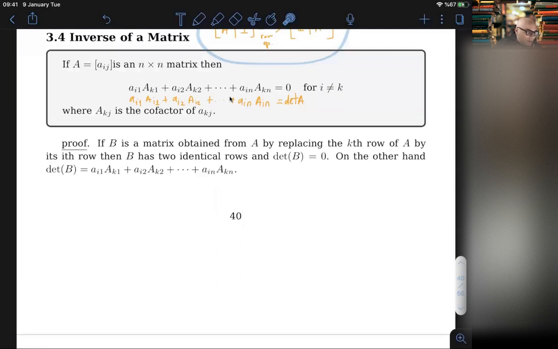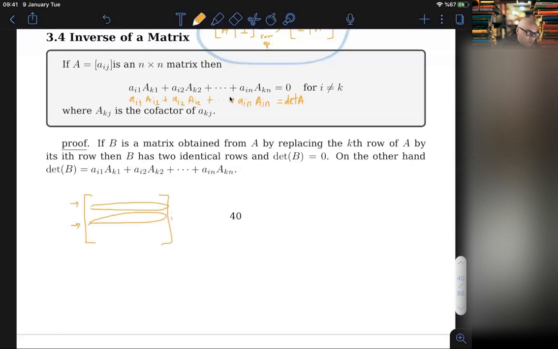If we have a matrix B obtained from matrix A by replacing the kth row of A by its ith row, what I mean is I have this matrix A with some rows, and I take the ith row and write it, not swap it, in the kth row.